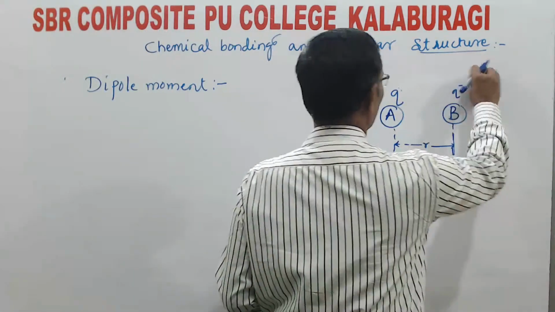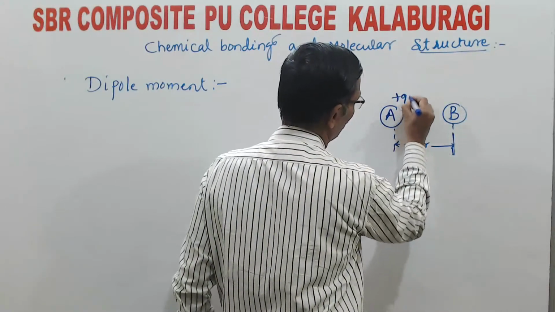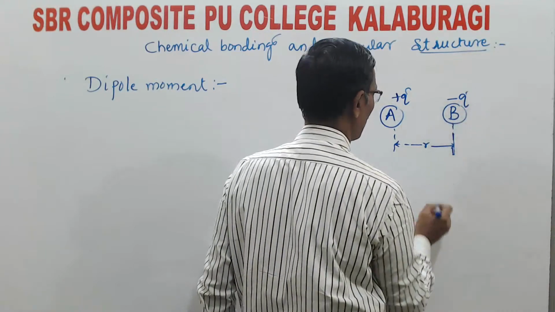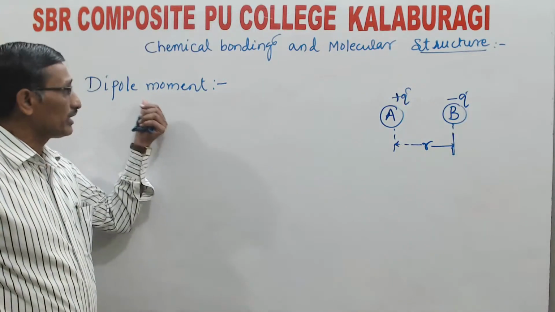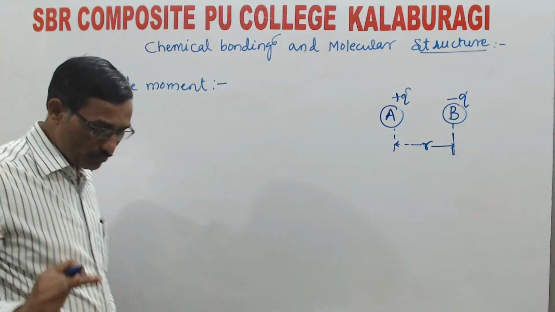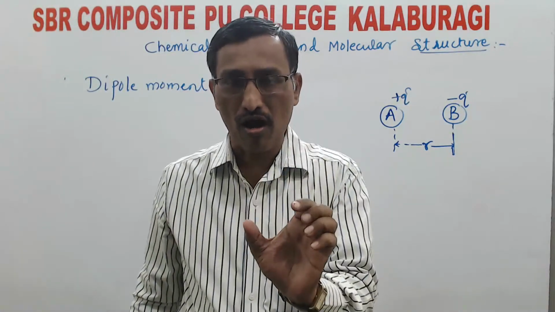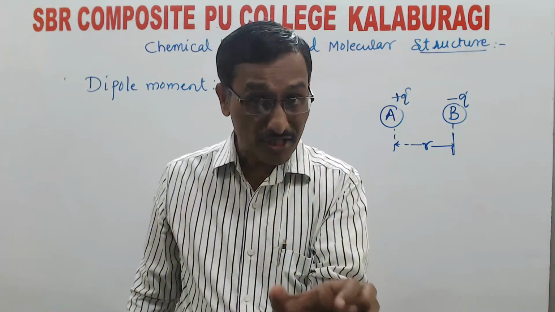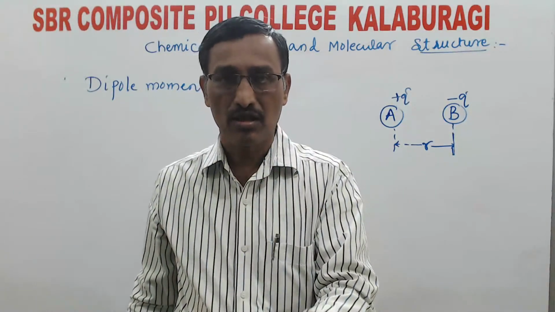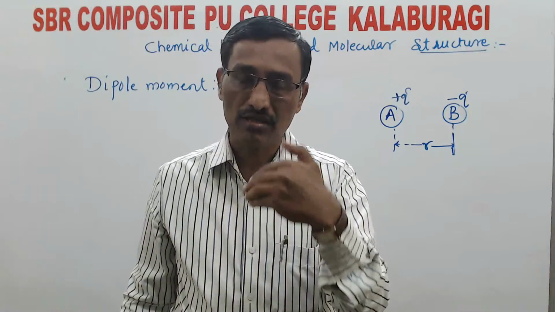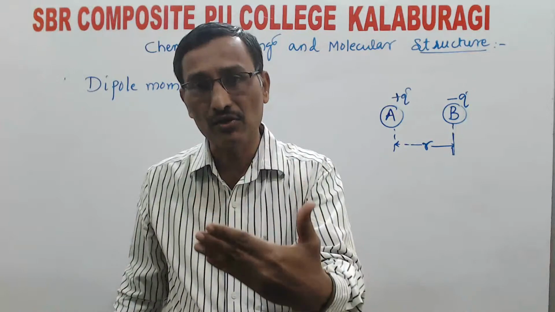Now, dipole moment is the product of the magnitude of the positive or negative charge and the distance between the centers of the positive and negative charge.